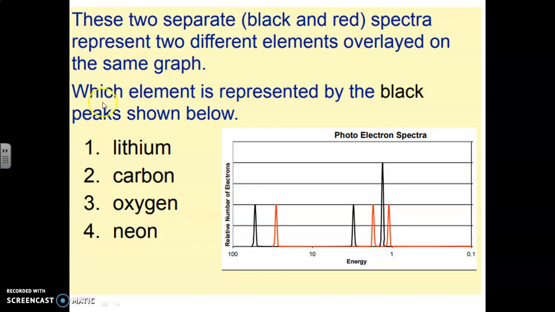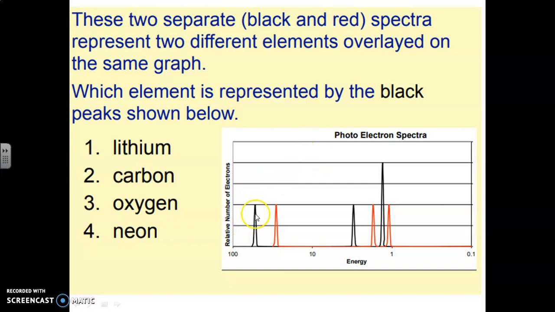I want you to take a second and see if you can determine which one is represented by the black spectra. You could pause it now and see if you can determine which one is represented by the black curve on the graph.